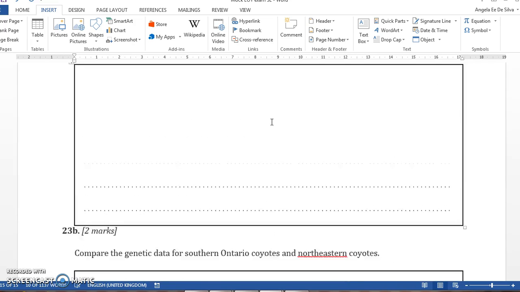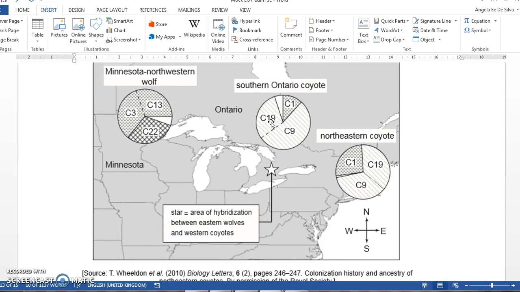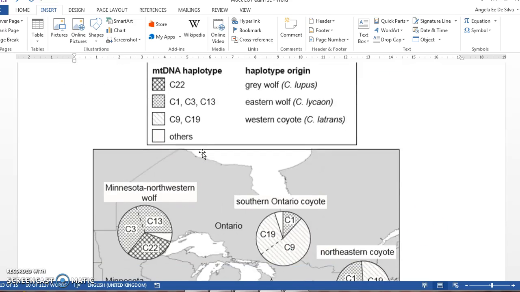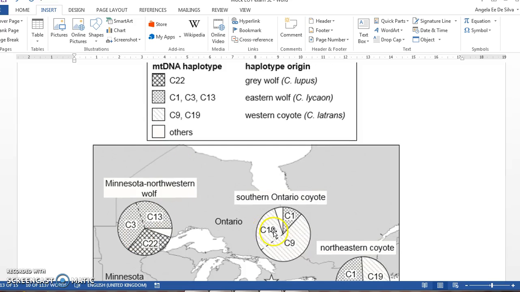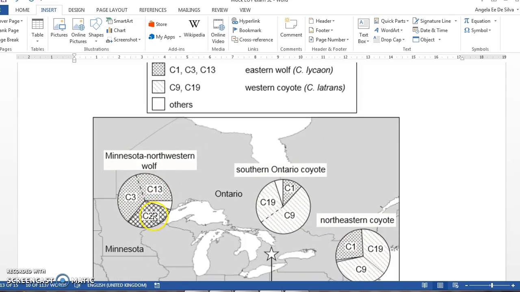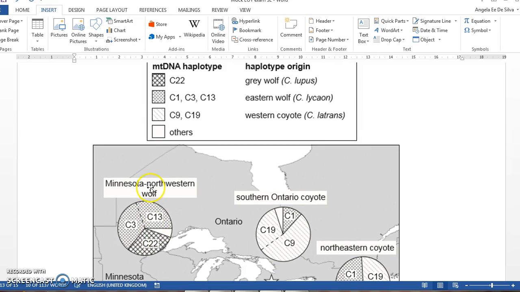So I look back into the graph, I look at the pie charts, and I want to see that every one of these will have haplotypes from at least one of these origins. So if I look here, C22 is only found here.